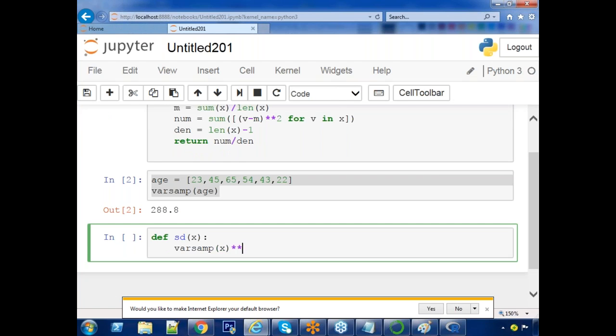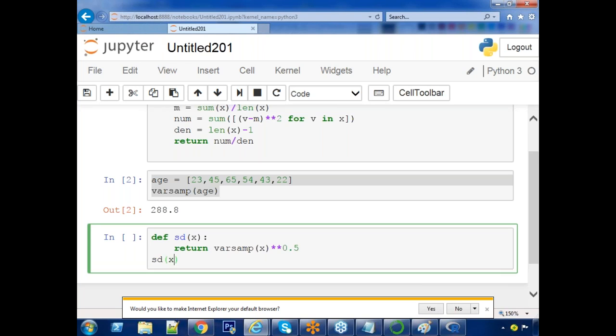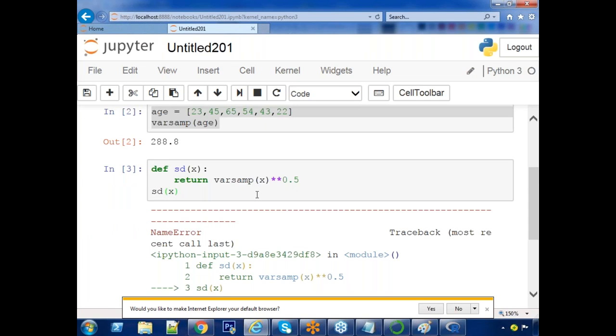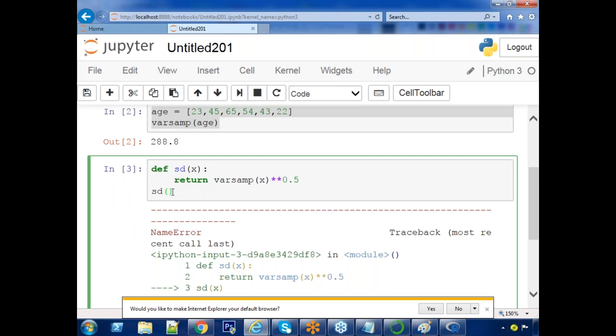For this I am saying double star 0.5, since to the power of 1 by 2 means 0.5. I am going to call it SD of x, where our list is age. The age will be passed to x. For that x, variance is calculated, and for that variance, square root will be applied. Now you check it: 16.99 something.